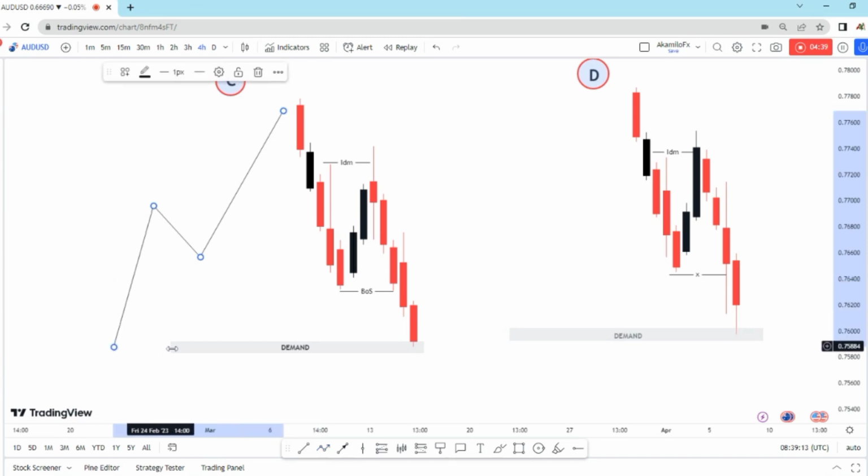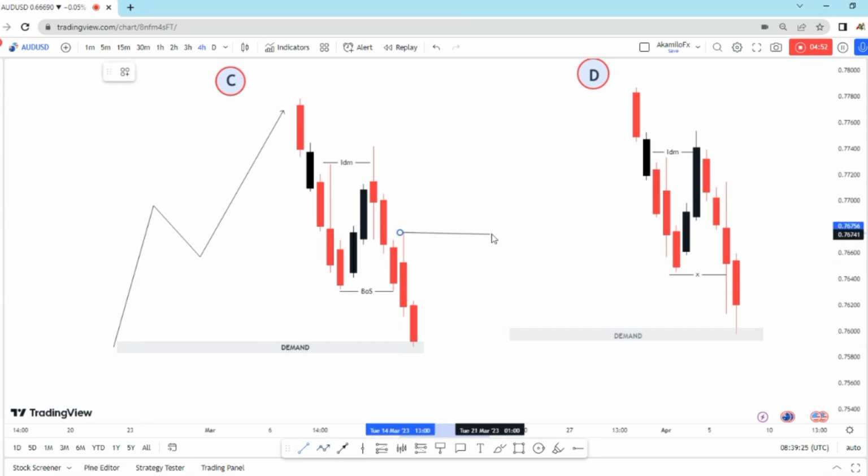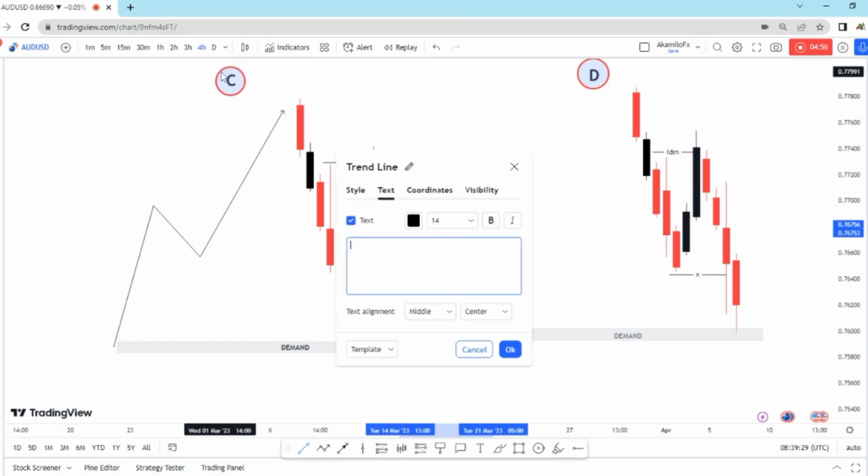So price has tapped into this demand level. When price taps into this demand level, this particular pullback here will not be our inducement anymore. It will be a leg of change of character. This pullback will now be our change of character.